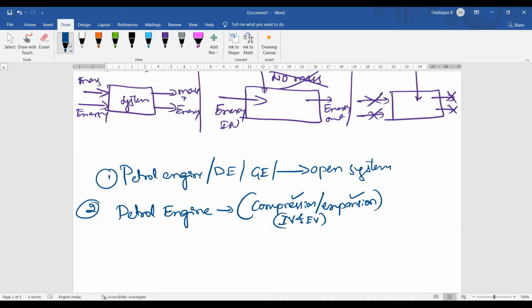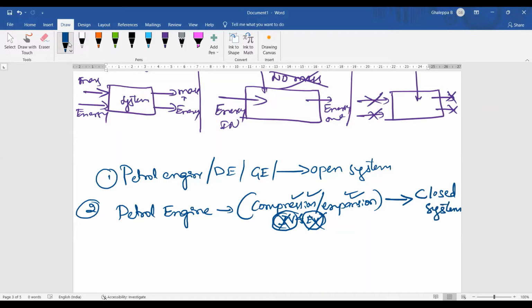When both valves are closed, it is understood that there is no exchange of mass. If the inlet valve is closed, petrol will not come inside the engine. If the exhaust valve is closed, gas will not go outside the engine. So the gas mass is restricted. It is not flowing, it is not going outside. So you can see only energy exchange. So in that case, you can call it a closed system.